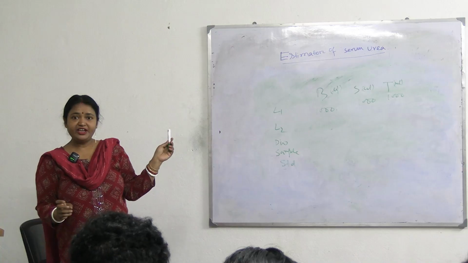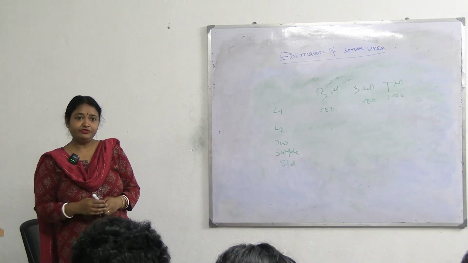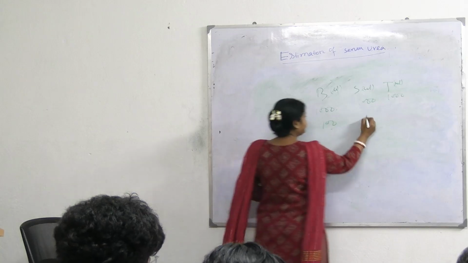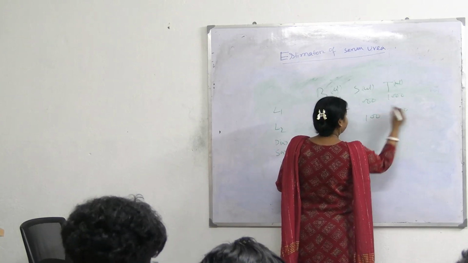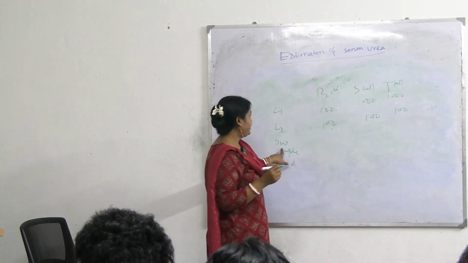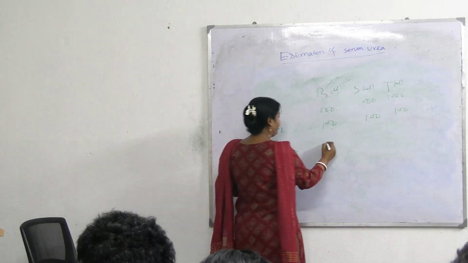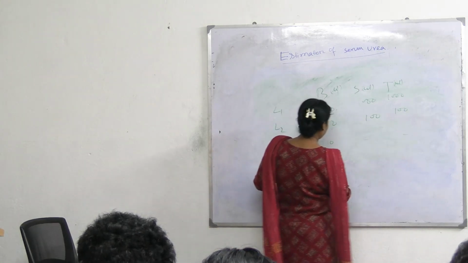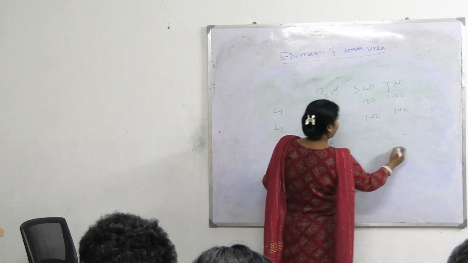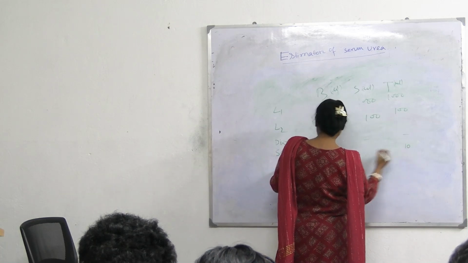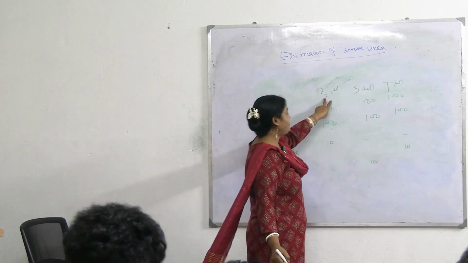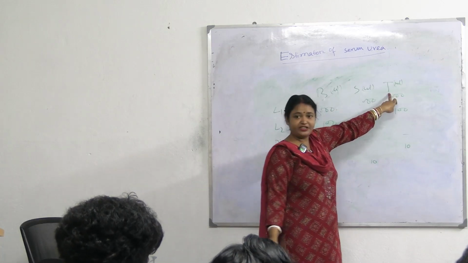You are giving urease, so most probably the enzyme reagent will have that urease. We will give 100 microliter. Now distilled water for blank 10 microliter, for sample you will give here 10, and for standard you will give here. This is B for blank, S for standard, T for test.